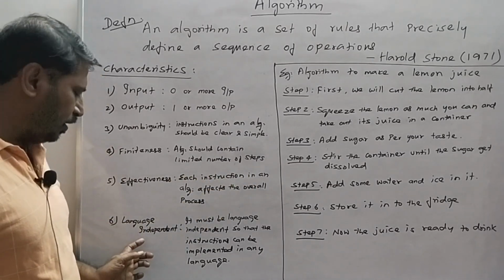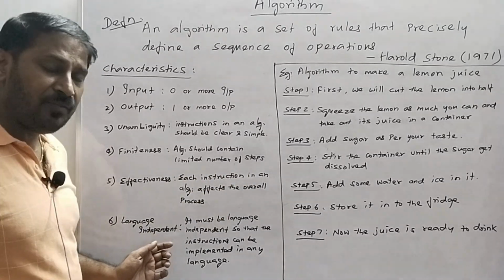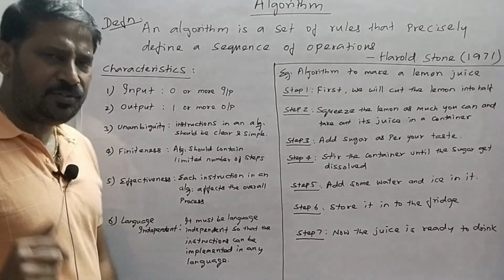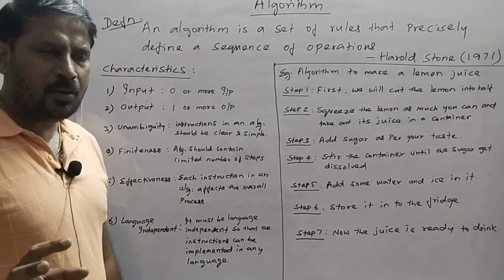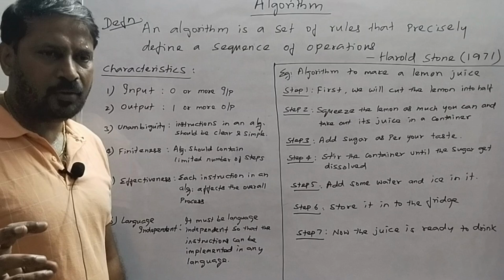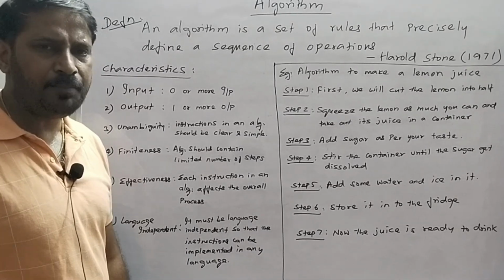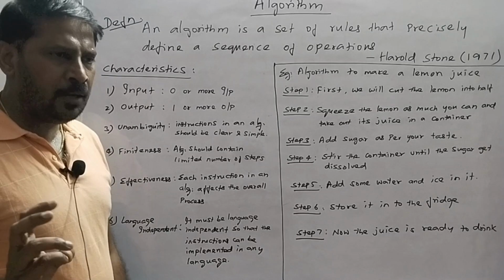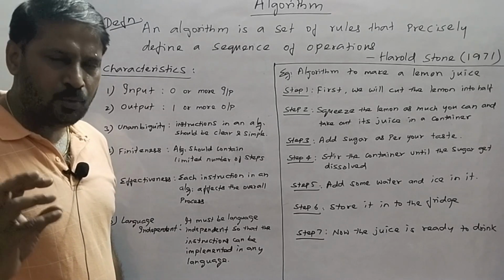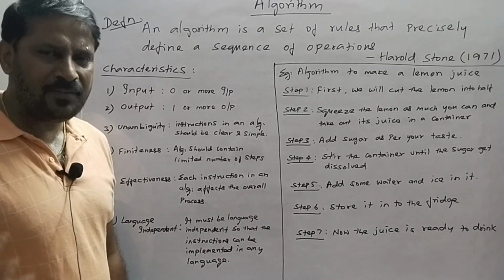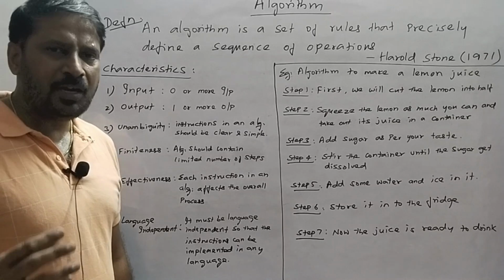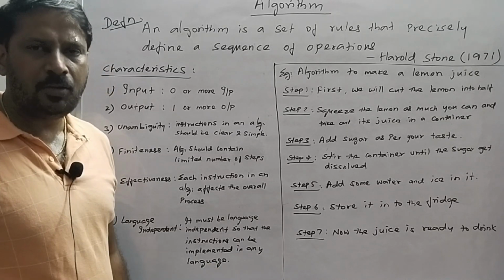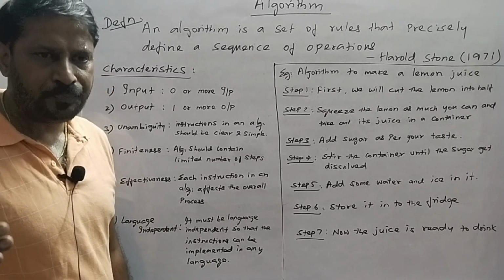Then the sixth important characteristic is language independence. What is the necessity of an algorithm? We write every algorithm for implementing it in a particular language, as far as computer science is concerned. That's why language independence is important. Because of it, we are able to convert each and every algorithm into a corresponding program.